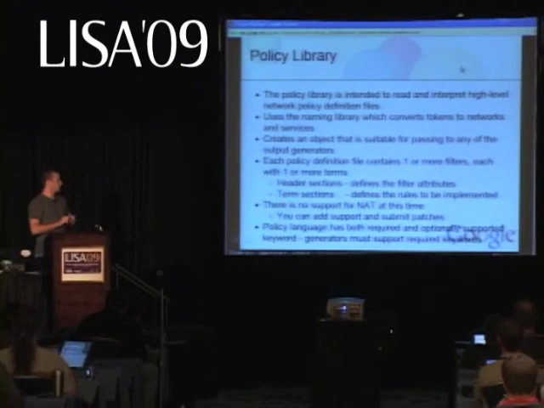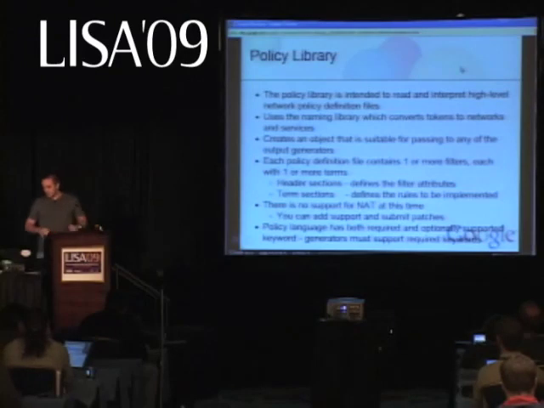The policy language has both required and optionally supported statements. The required things are the address definitions, and the generators have to support certain keywords. Not all of the keywords are supported in all of the generators. Unfortunately, you have some generators that are very full-featured and some that aren't nearly as full-featured.